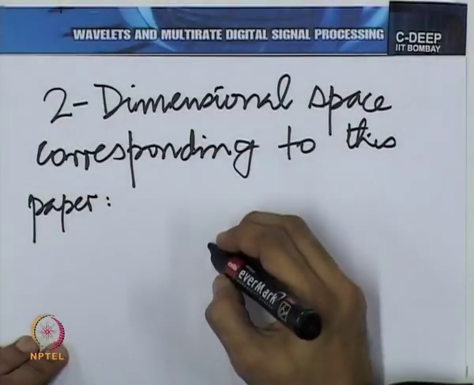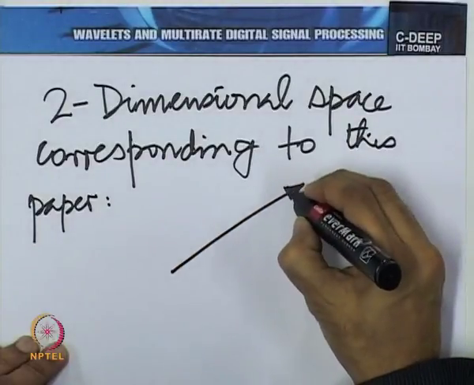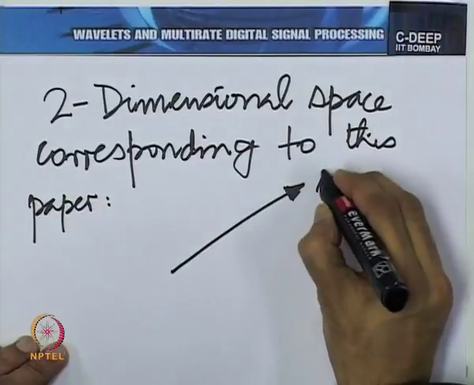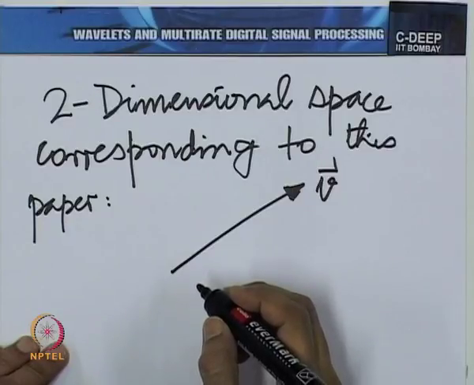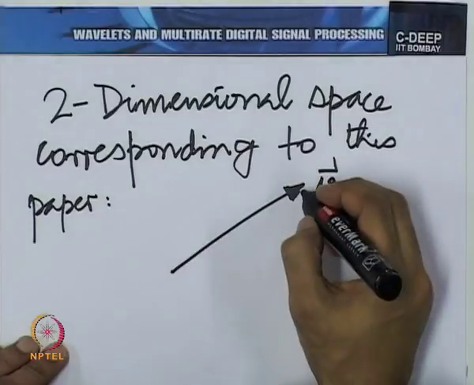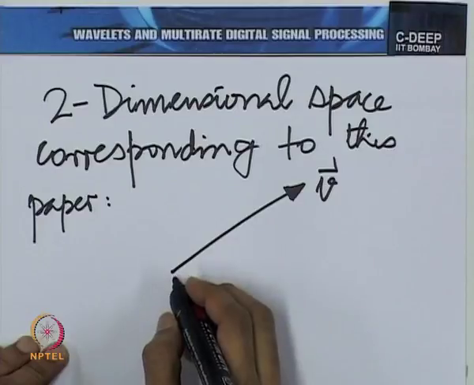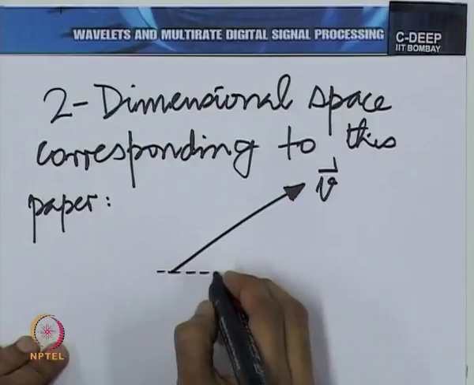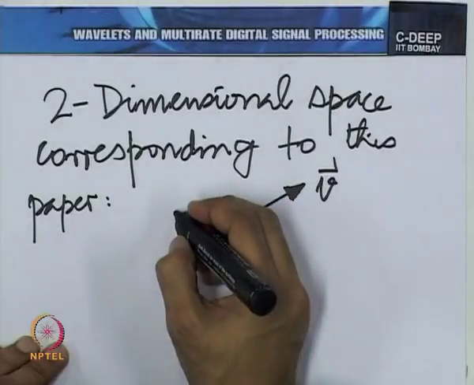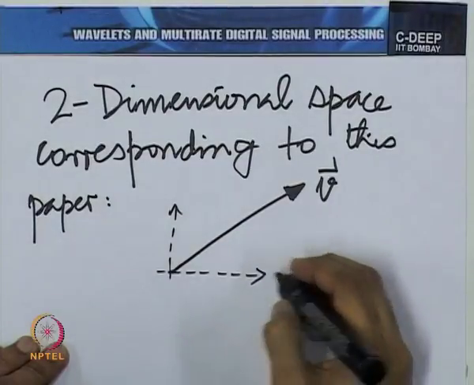Well, let us take any vector on this two-dimensional space. So, let this vector be V, I am marking it as V. There are many different ways to characterize this vector. In fact, notionally an infinite number of ways, and one of those ways is to choose the following two so called perpendicular axes. So, we choose one axis like this and another axis like this, and choose a unit vector along each of them.